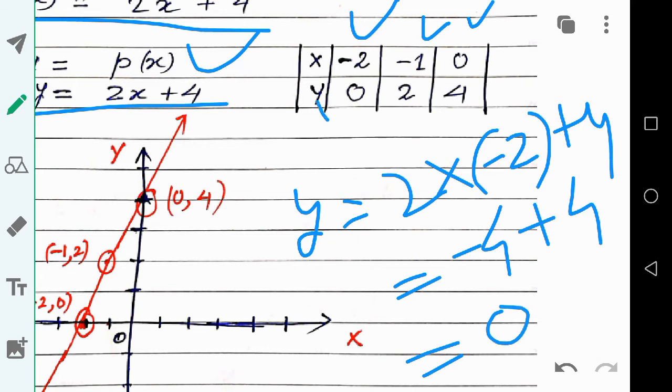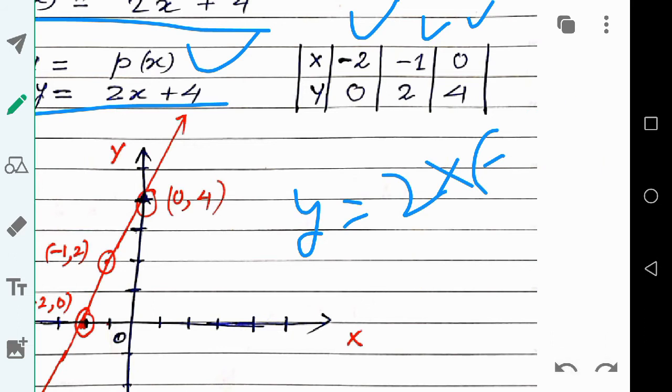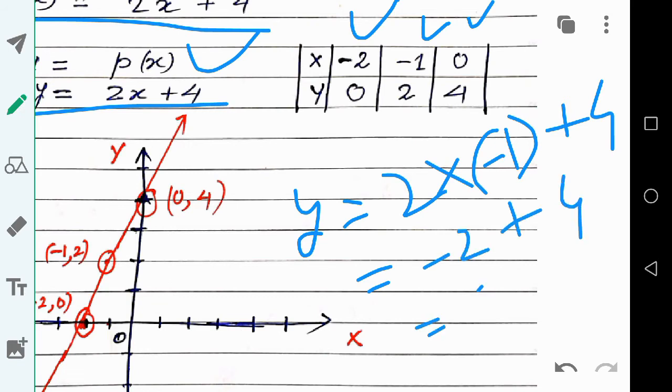That's why y is equal to 0. Now let us put x equal to minus 1 in this polynomial. Then 2 into minus 1 is minus 2, plus 4, that is equal to 2.